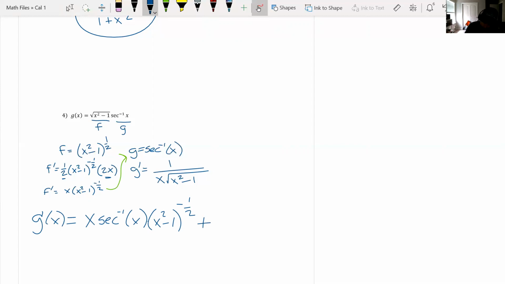Plus, product rule, g prime times f. So this ends up becoming (x squared minus 1) to the 1 half over x square root x squared minus 1.